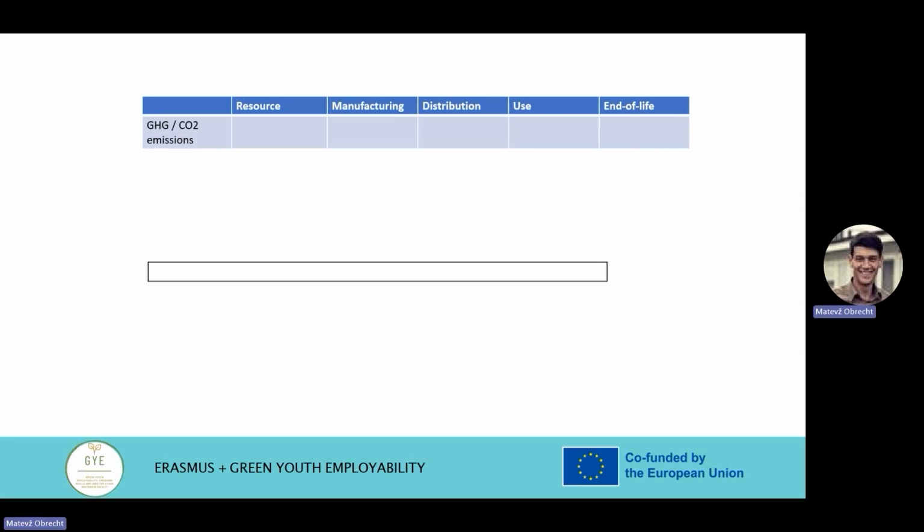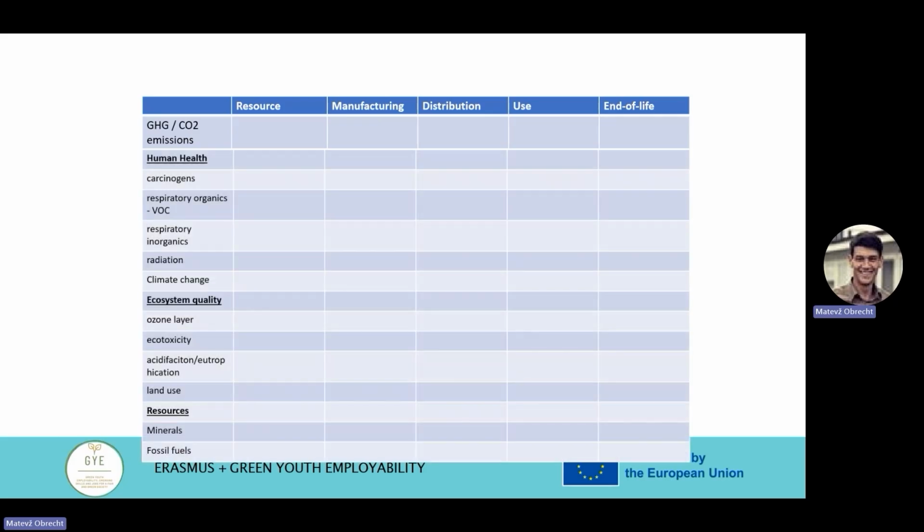So as mentioned, it is about greenhouse gases, CO2 emissions through different stages of the life cycle. And this is the carbon footprint. We can do also the monitoring, or we can do the assessment on different types, for example, more comprehensive.